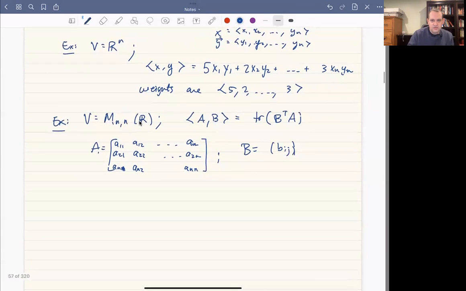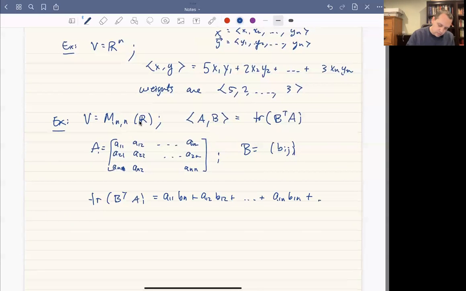Then the trace of B transpose times A turns out to be very similar to the dot product. You're going to take the product of corresponding entries in the matrices. So A11 times B11 plus A12 B12 plus A1n B1n, and then for the next row and the next row and the next row.